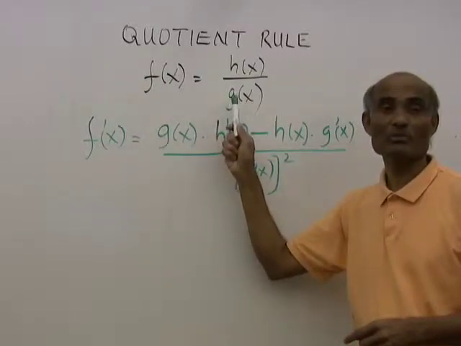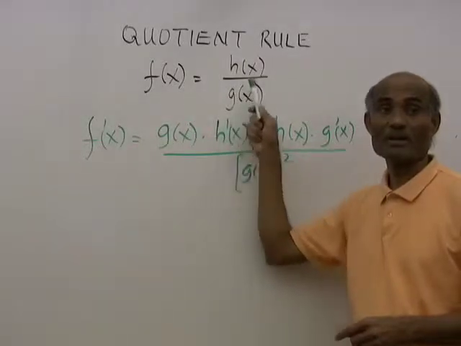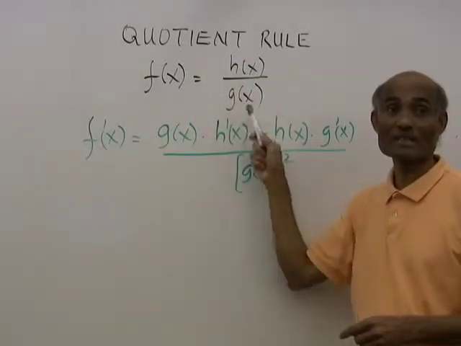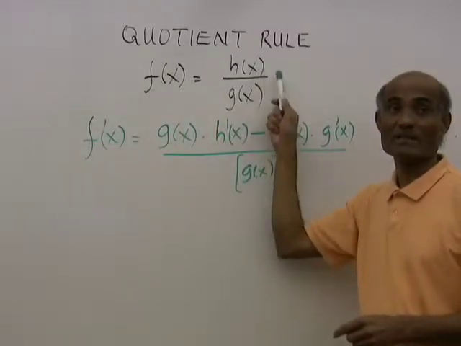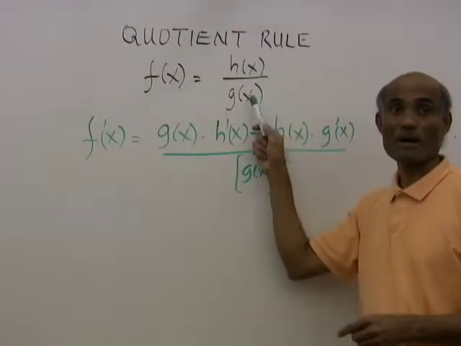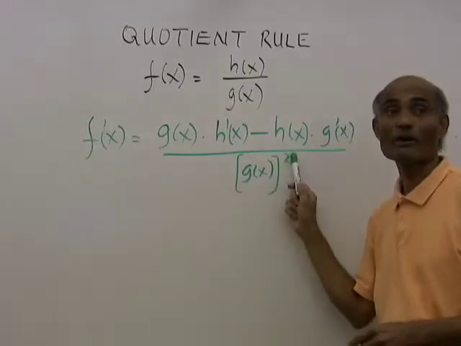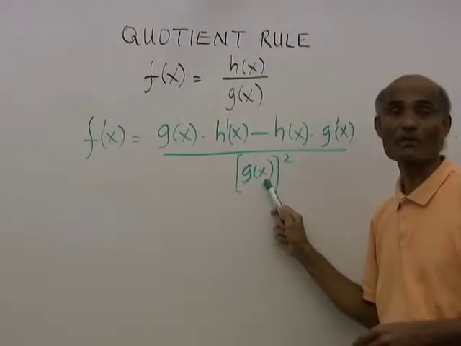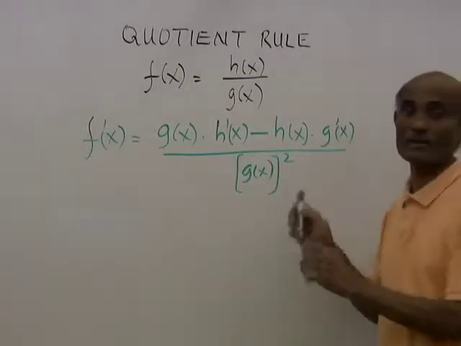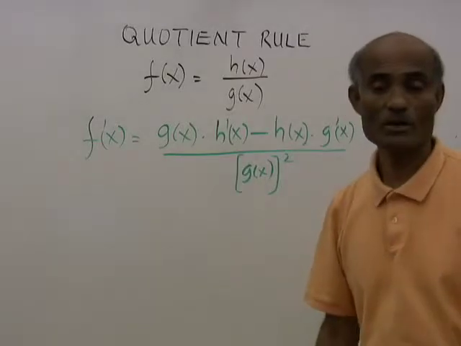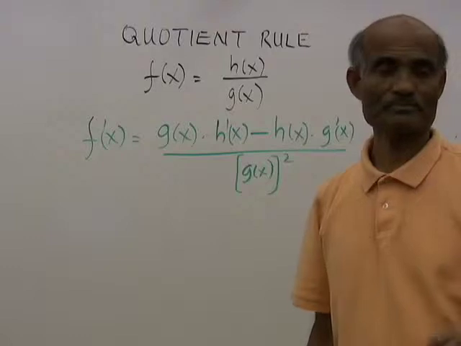F prime x equal to the denominator multiplied by the derivative of the numerator, h prime x, minus the numerator multiplied by the derivative of the denominator, all over the square of the denominator. That's a simple rule. Now try that a couple of times, write it down, and make sure that you understand the order. Don't mess up the order.